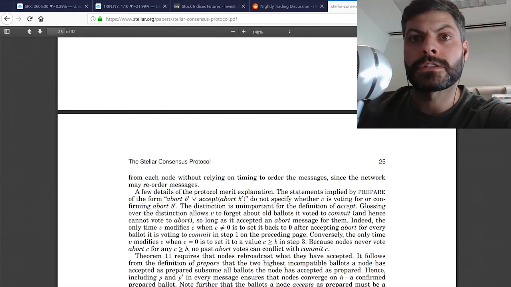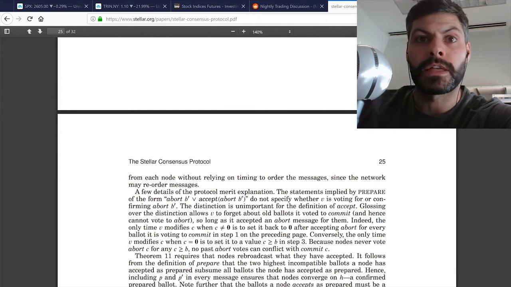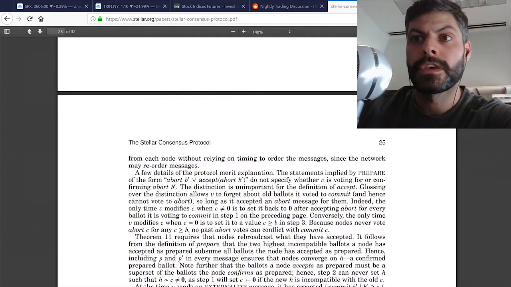Glossing over the distinction allows v to forget about old ballots it voted to commit, and hence cannot vote to abort, so long as it accepted an abort message for them. Indeed, the only time v modifies c when c doesn't equal 0 is to set it back to 0 after accepting abort for every ballot it is voting to commit in step 1 on the preceding page.